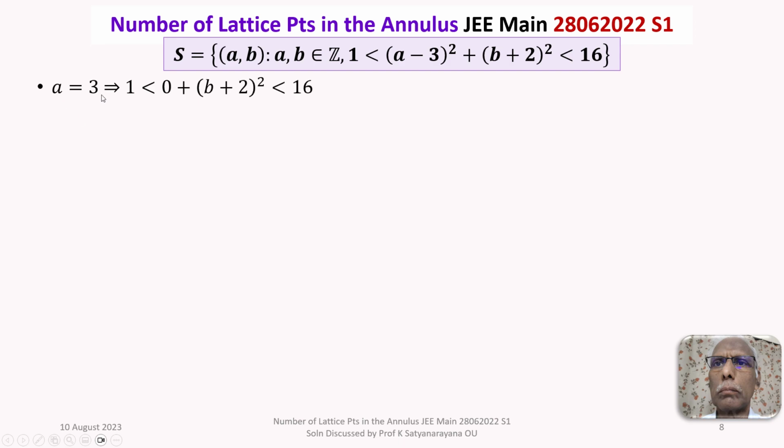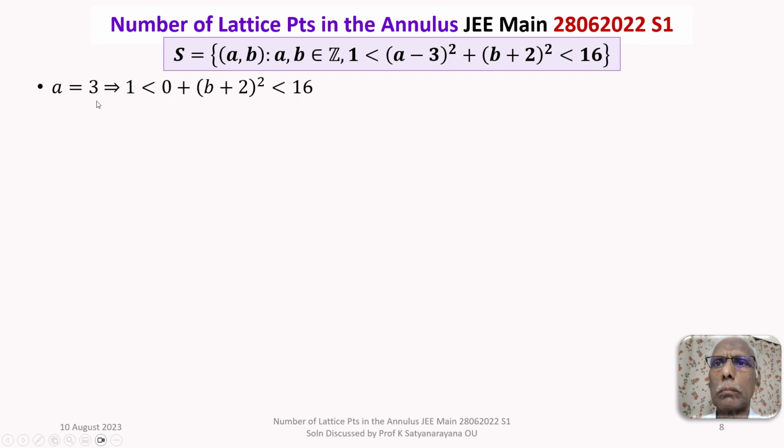That's what we have. a is equal to 3. Now if you put a is equal to 3, this is 3 minus 3, 0, 0 square. So 1 less than 0 plus (b plus 2) whole square less than 16. There is no other value in this case, a is equal to 3 only.